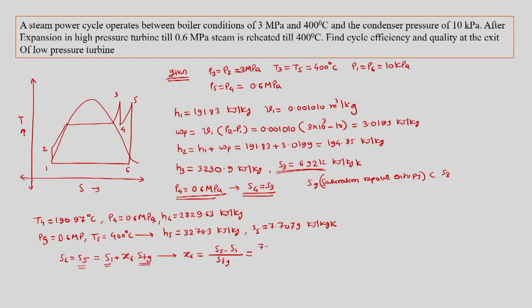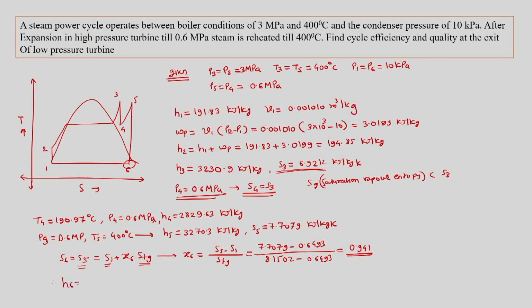So it is 7.7079 minus 0.6493, divided by SFG, which is SG minus SF, so 8.1502 minus 0.6493. This gives X6 as 0.941, the dryness fraction at state 6.